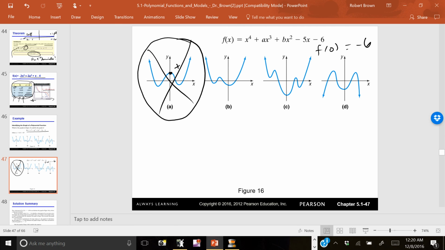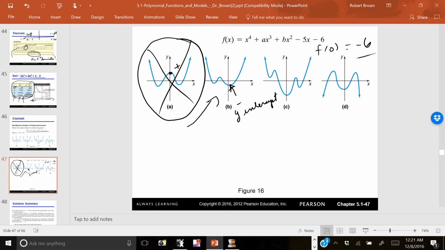Let's also look at the second one. Notice the y-intercept is negative. So that could go with a minus 6.